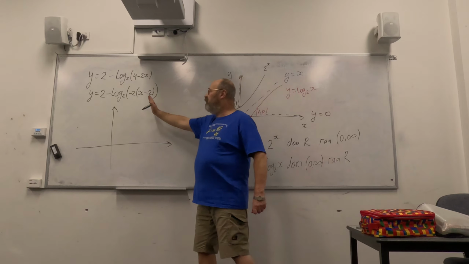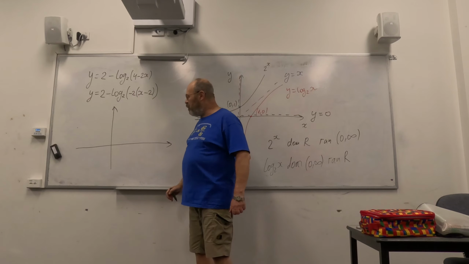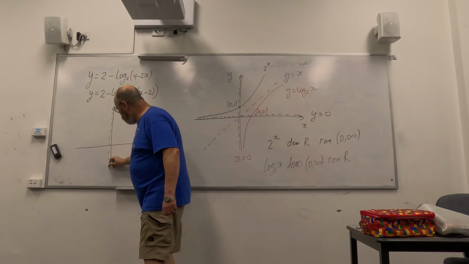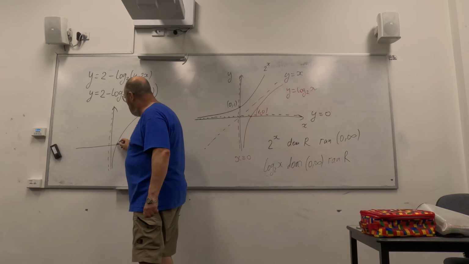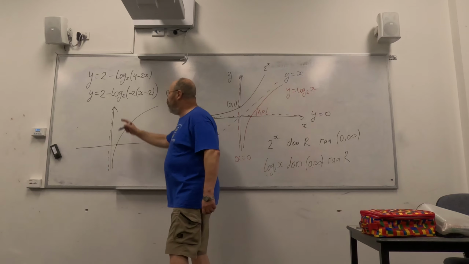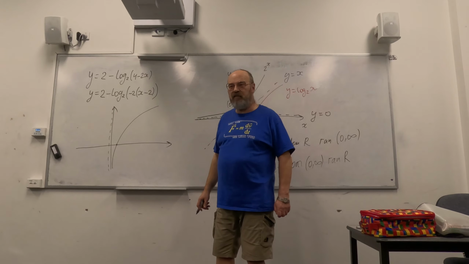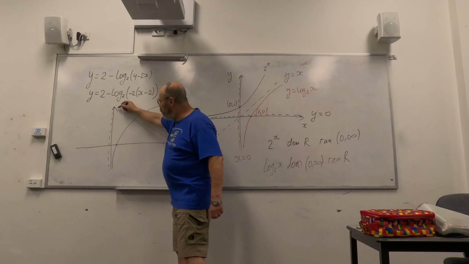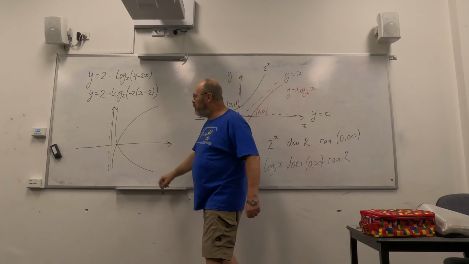Now, as for the graph, let's do it step by step. We start from the original graph of log 2x, with the asymptote and the y-intercept. Let's start from the reflections: reflection in the x-axis and in the y-axis. When we reflect in the x-axis, that will be this graph.